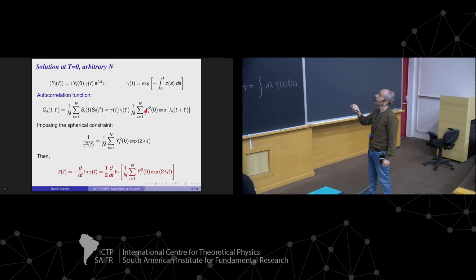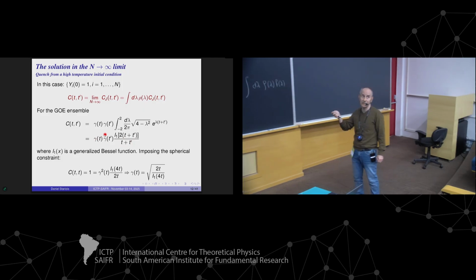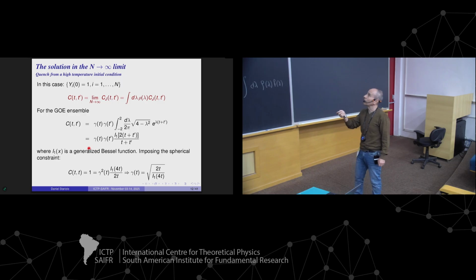So now the initial condition equals 1, so the only term here is the exponential. In the thermodynamic limit, this has to be multiplied by the distribution of eigenvalues. And this integral has an exact result in terms of these modified Bessel functions. So this is the exact result at 0 temperature for the 2 times autocorrelation function.